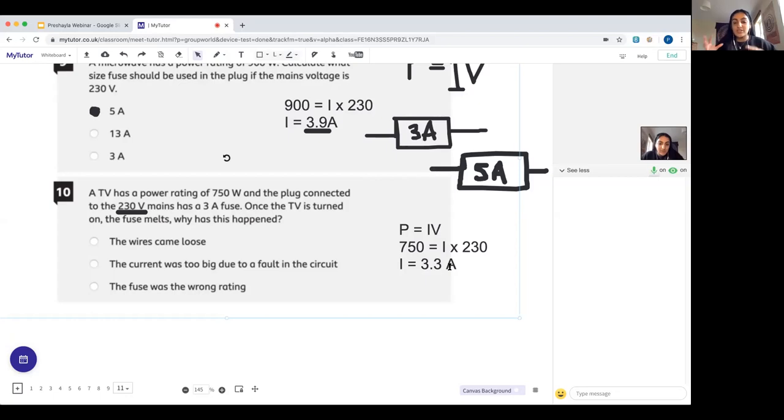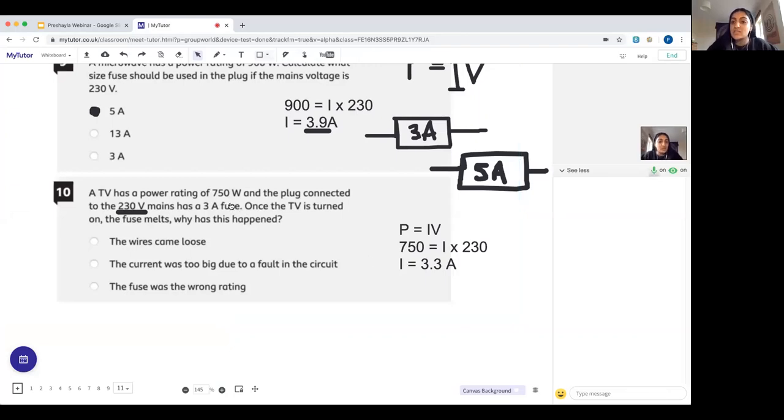So as soon as that TV is turned on, we know there's going to be a 3.3 amp current going through the TV. But because our fuse will melt if it gets any current above 3 amps, as soon as the TV is turned on, the fuse is going to melt and the TV is going to turn off. Okay, because the current is too high for the fuse to manage. The current is 0.3 amps bigger than it should be for the fuse.